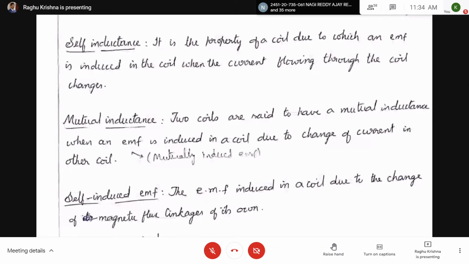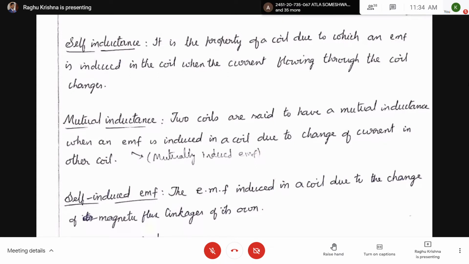If you have two coils and through one coil an alternating current is flowing, then in that first coil, EMF will be induced due to self-inductance, and in the second coil also EMF will be induced because that flux also links with the second coil.